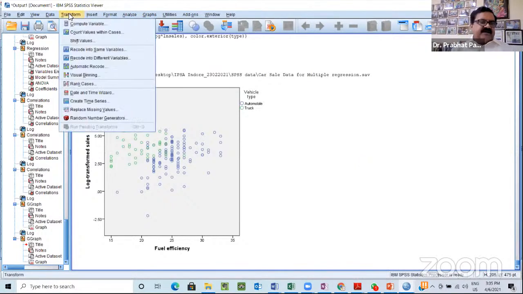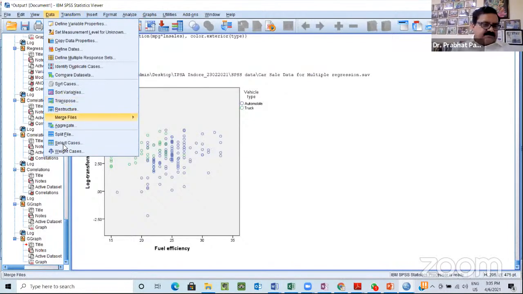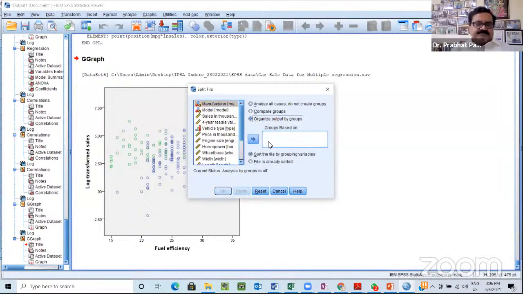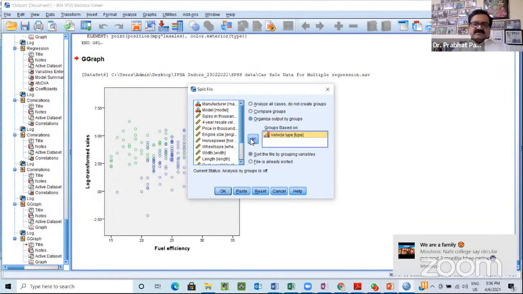So let's divide this data. What I'm doing is I'm going to Data and then I'm saying split the file. So I'm going to split the file now, and I'm saying organize output by group, and the group needs to be based on the vehicle type. So what I'm asking is to calculate the output separately for the vehicle types.